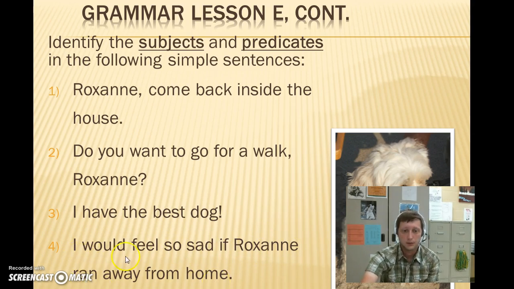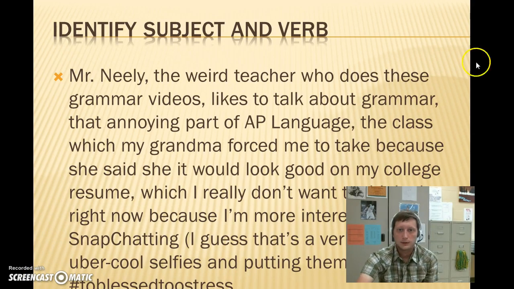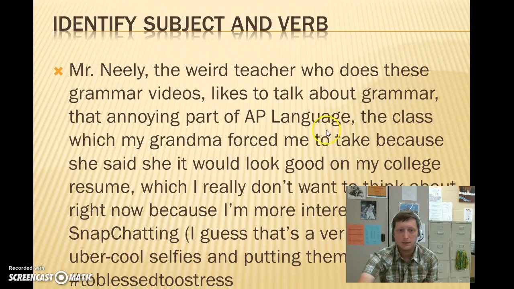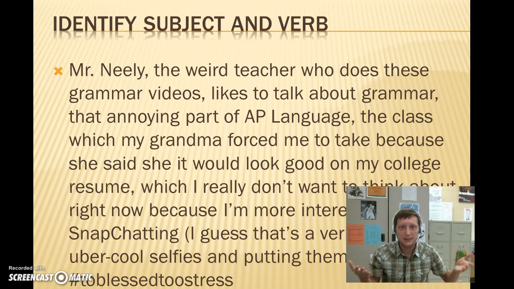So I would feel so sad if Roxanne, subject, ran away from home, predicate. All right? Or maybe next class we'll give you some sentences like this, which is not a simple sentence, but we'll ask you to find the core subject and the core verb. Right? What is this sentence really saying if we break it down?